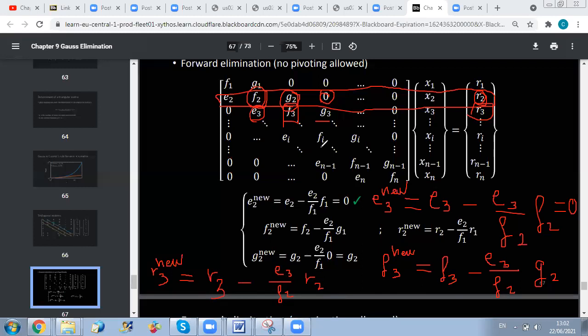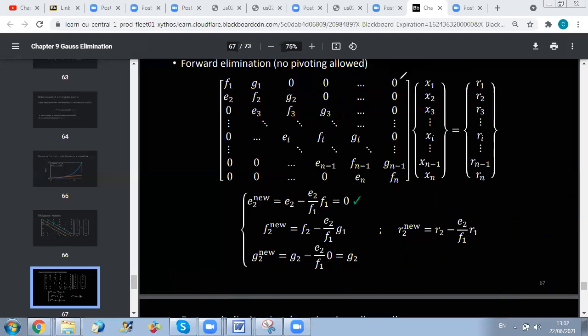So if I take Fi, okay, if I want to get a general relation, Ei, when I do forward elimination, Ei new will be 0. So Ei new at any step will be equal to 0.